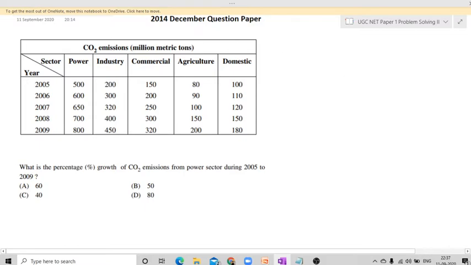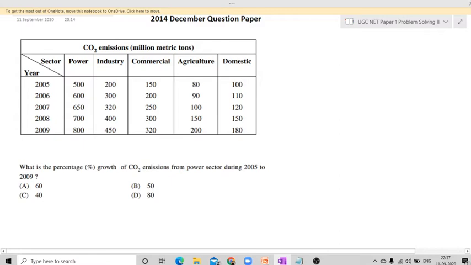Now we are clear with what is given in the table, and it's time to go solve the questions. We have to remember one thing very strongly: whenever we are given this kind of data interpretation questions, they will mainly deal with percentage calculations.